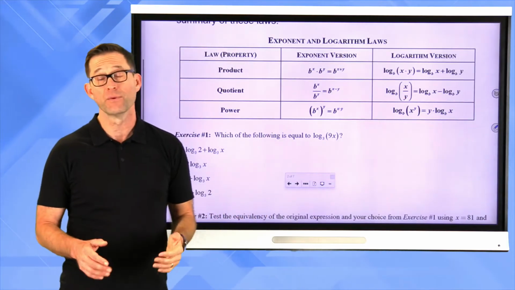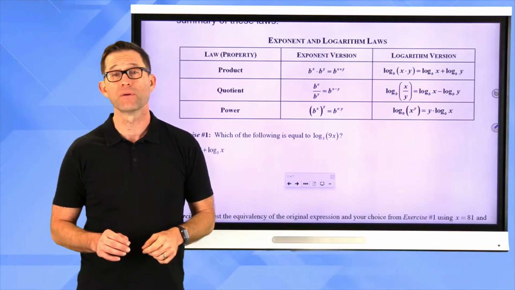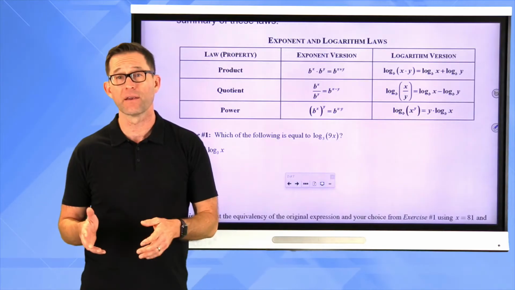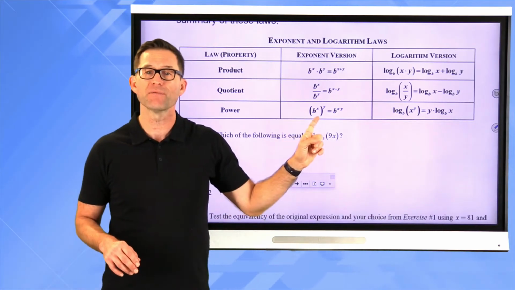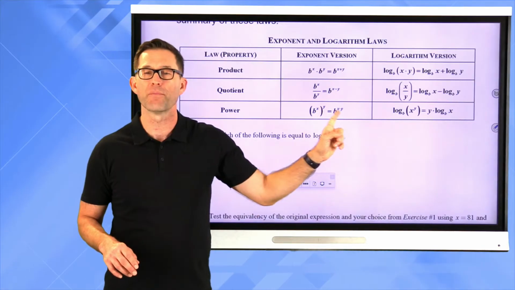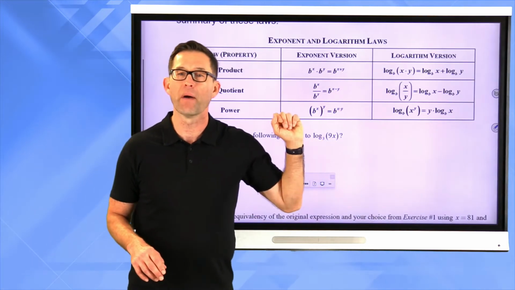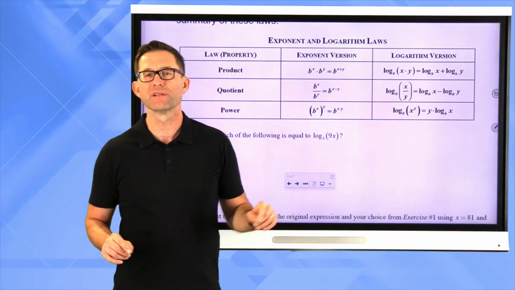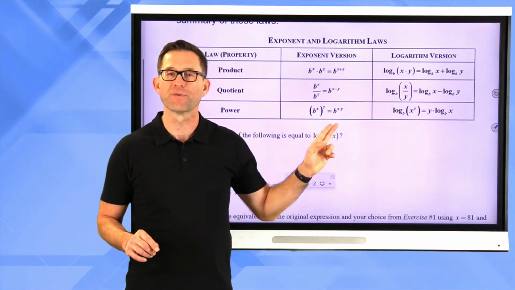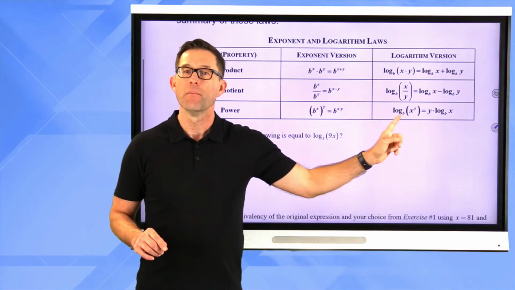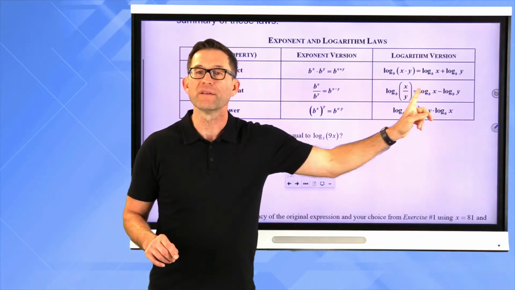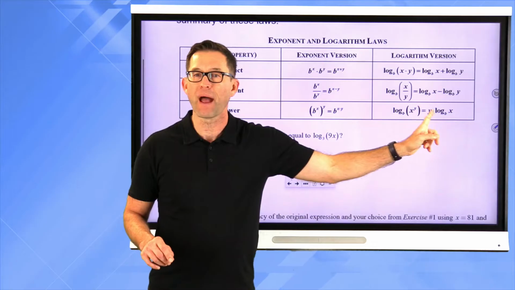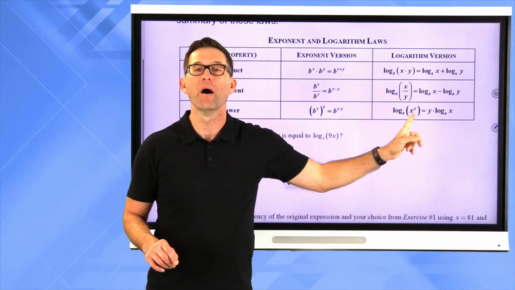Now the final one, which is ironically probably the most important both exponent law and log law, in the exponent it's called the power law. That's when we have something raised to a power raised to another power, we can multiply the 2 powers. The logarithm version is a little bit more difficult to see how it is similar to this, but here if we take the logarithm of something raised to a power, we can simply find the product of that power with the logarithm of the base.